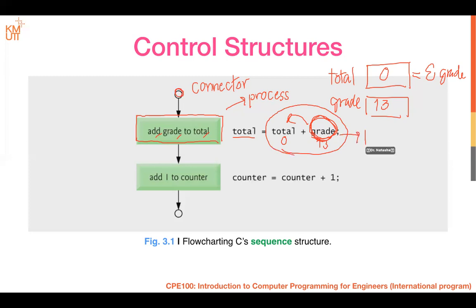So you get 13. And then once you get 13, you assign this value back to total again. So now total is not 0 anymore. It will be 13. This is the way this instruction works.